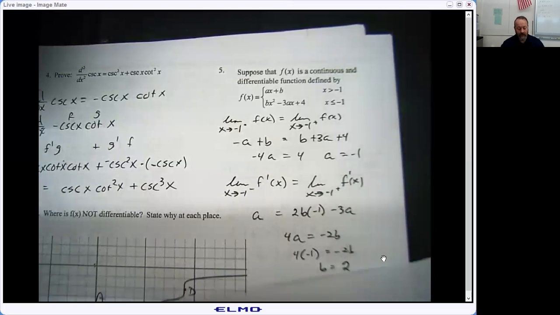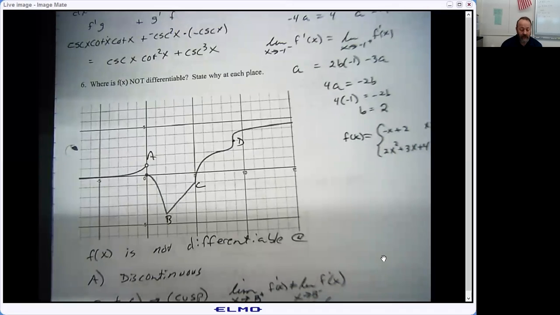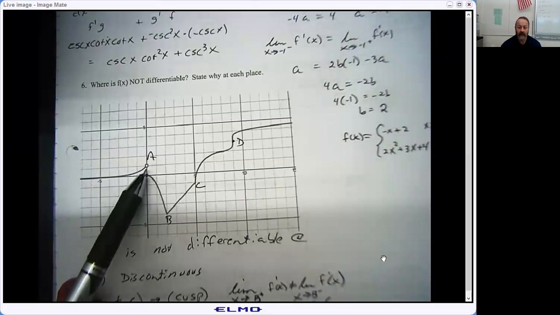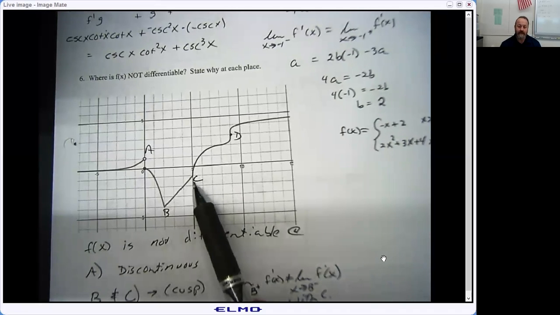All right, almost done with that. I saw some places where this thing was not differentiable. To be differentiable, as I said in number 5 right here, is it has to be continuous. So clearly f is not continuous at a because it is not continuous. I also noticed that at b and c there are cusps.